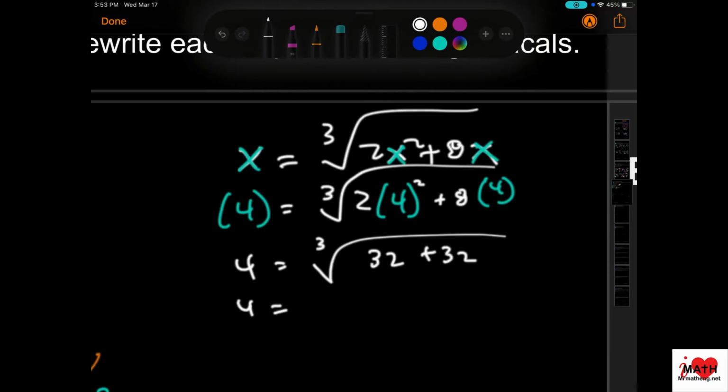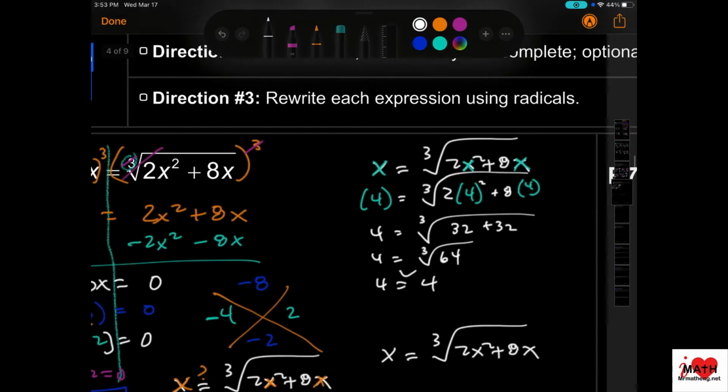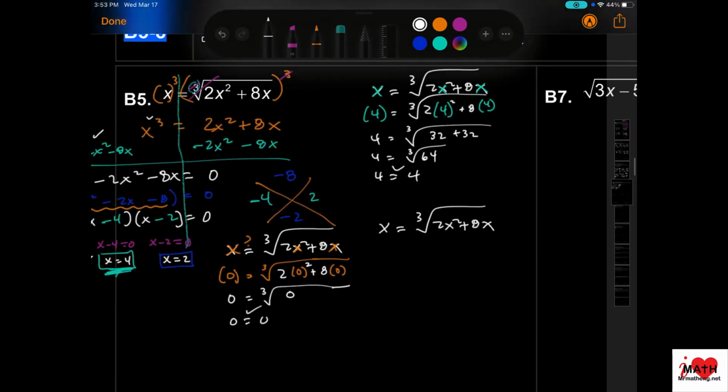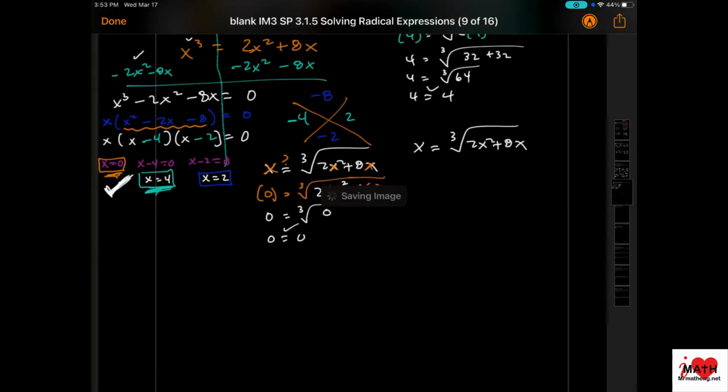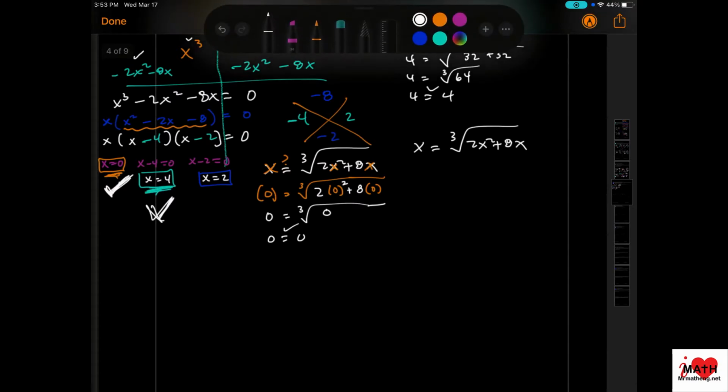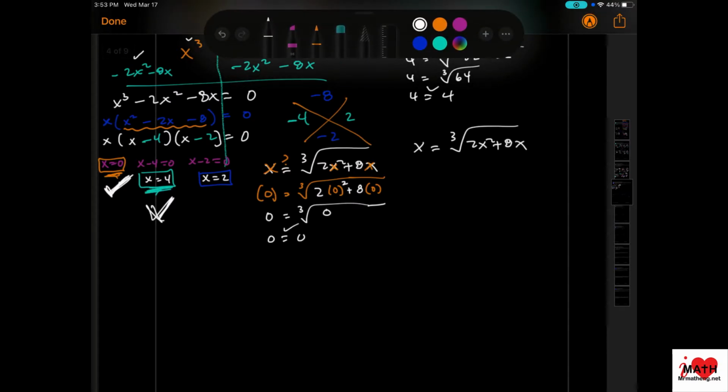And this will give me 64. 3 identical numbers that multiply to be 64 is 4. So 4 is equal to 4 for our light blue. This is also a solution.